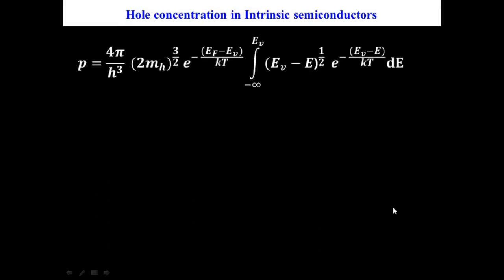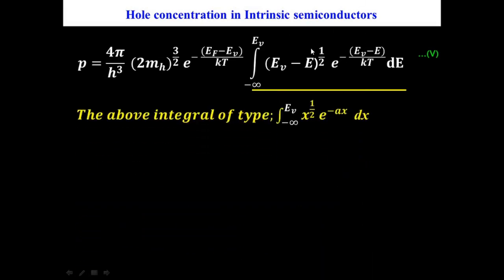Okay, this is equation number 5, and now we will solve this integral. This integral is of the type integral from minus infinity to EV of x to the power half into exponential of minus ax into dx, where x is nothing but EV minus E and a is 1 by kT.